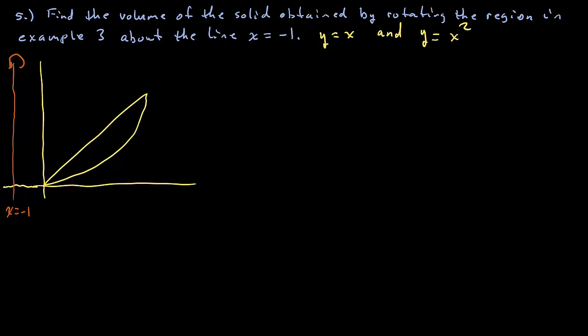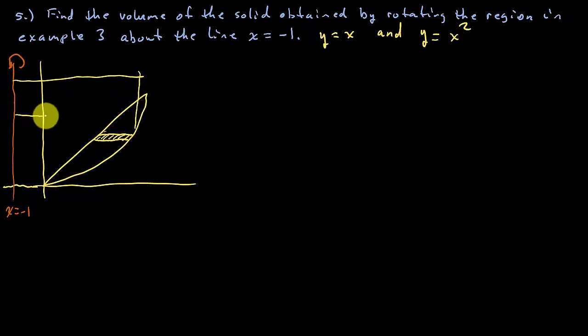All right. So this time, my rectangle is going to look like this. And now remember, we need the big radius and the small radius. The big radius is measured from the line we're rotating it around to the furthest point on the rectangle.